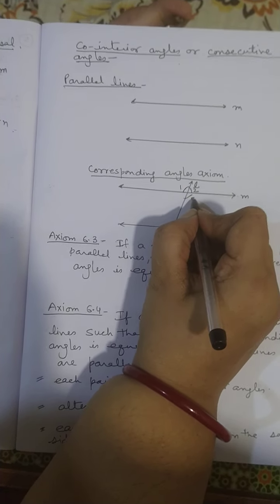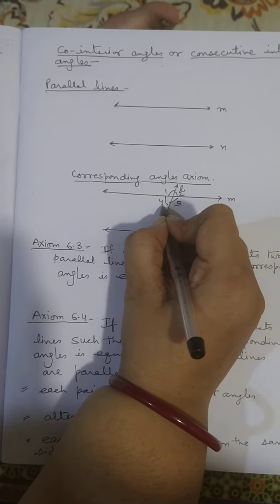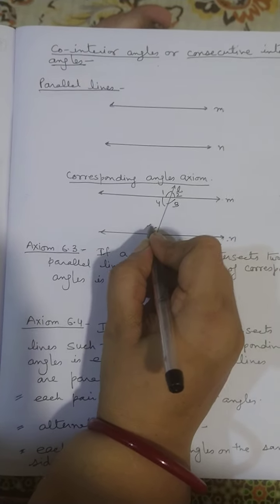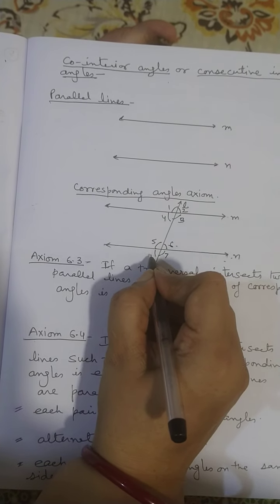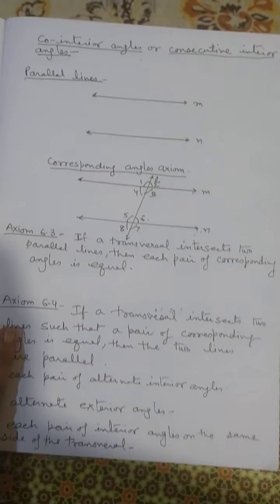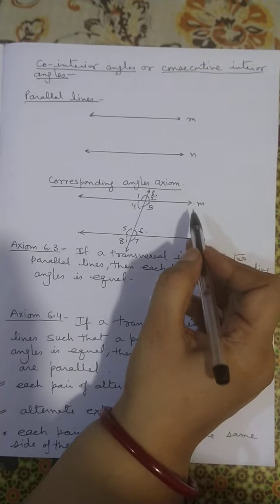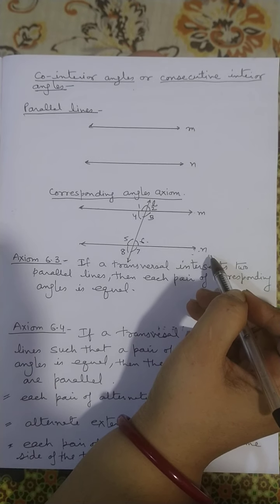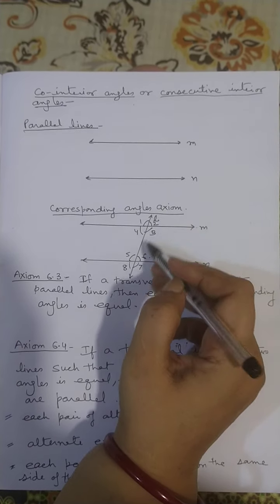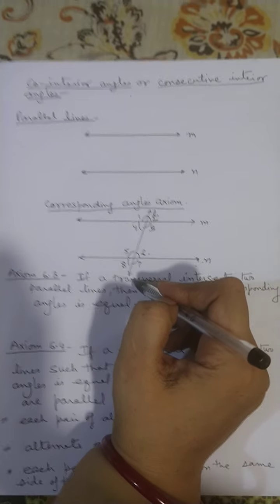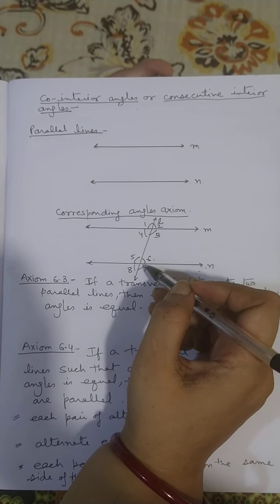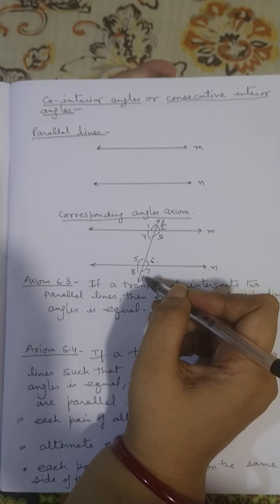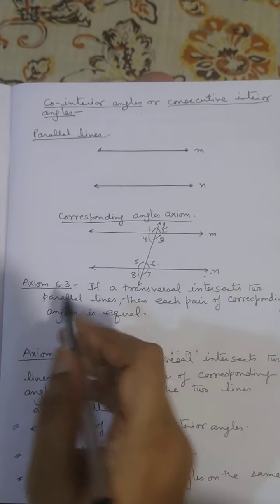Name the angles. Now when the lines are parallel and it is intersected by a transversal, then the corresponding angles that are formed are always equal. So we have an axiom.